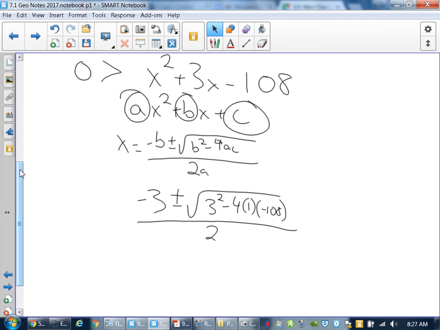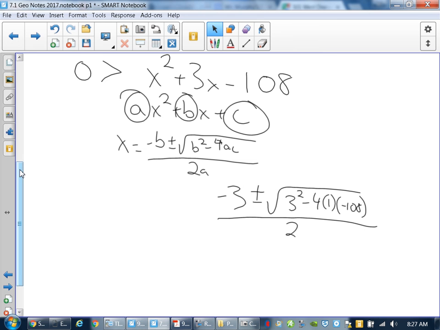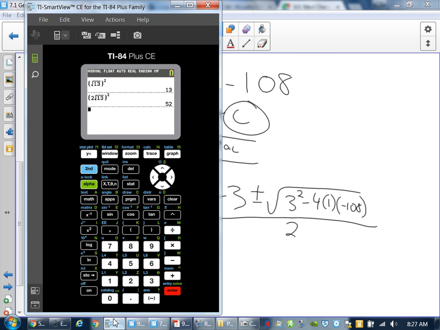I never want students to try to type all of it together at once because you're going to mess up. So type in your calculator the following: 3 squared minus 4 times 1 times negative 108. Notice I'm typing it in the calculator the exact same way I wrote it down, with just parentheses.